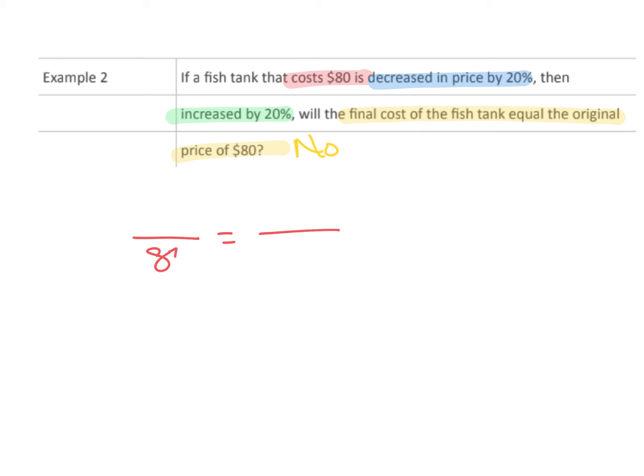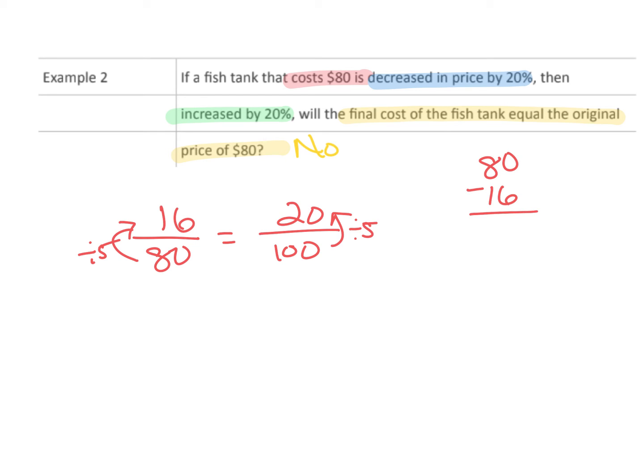Let's start with our $80 and our 20%. So we know that we're going to divide by 5. 80 divided by 5, I believe, gives me 16. So $80 decreased by 16 gives me $64. Now, when I want to increase it, I'm taking 20% of the 64.